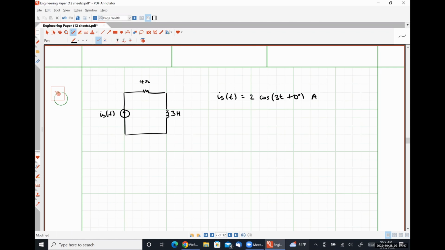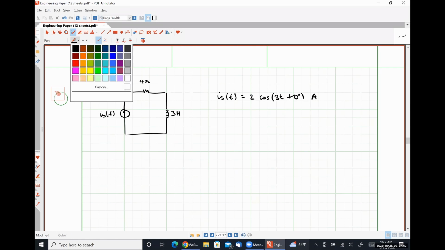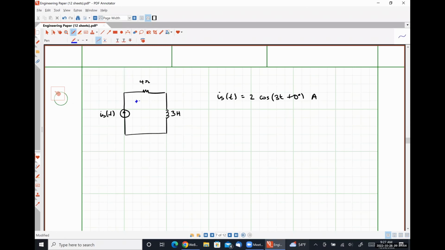Okay. So what we're going to do now is we're going to convert. Oh, and we were trying to find this voltage Vs of t. So we're going to convert this circuit from the time domain into the frequency domain. So I'm going to redraw my circuit.